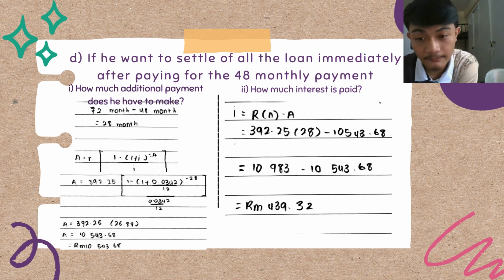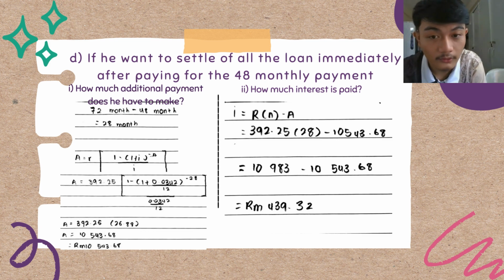So the answer is RM10,543.68. Then the interest I equal R open bracket N close bracket minus A. So equal 392.25 open bracket 24 close bracket minus 10,543.68.